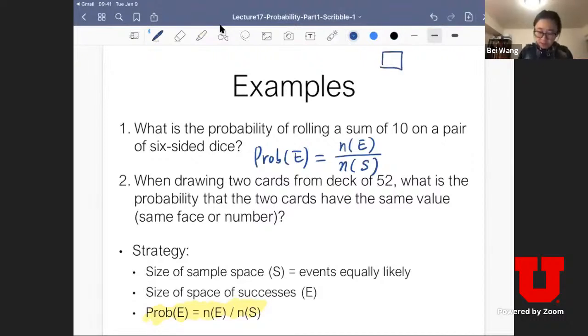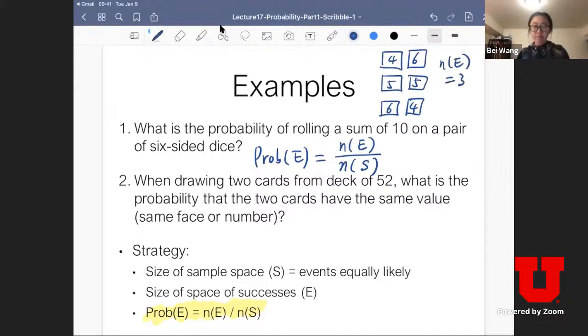You can have the first die be a 4 and the second die a 6, or both dice have a 5, or the first one is 6 and the second one is 4. Remember, I'm treating the outcome as ordered pairs. So there are 3 possible ordered pairs with a sum of 10. So the number of successful events is 3.